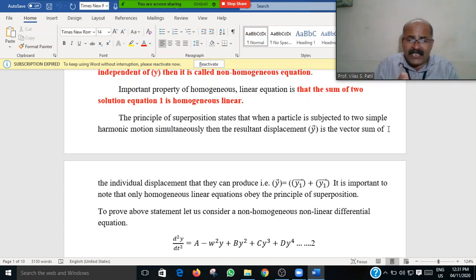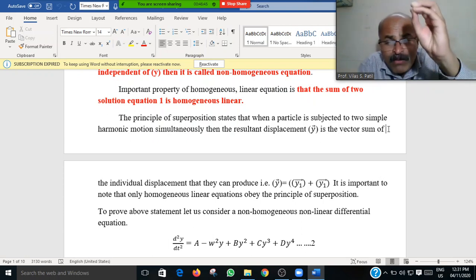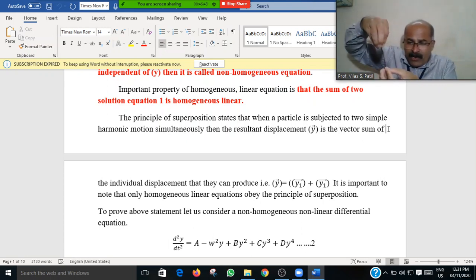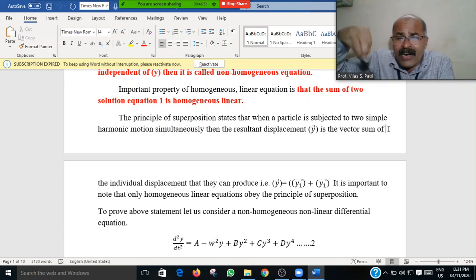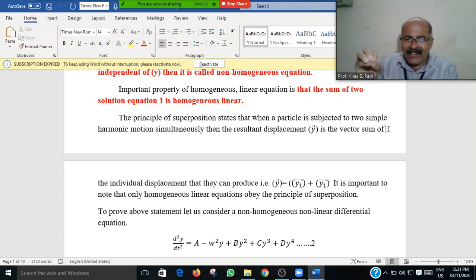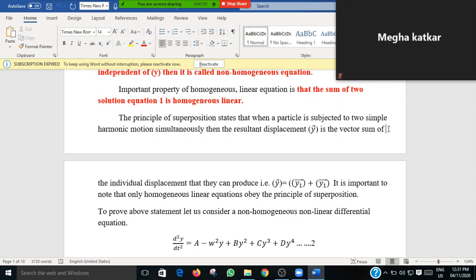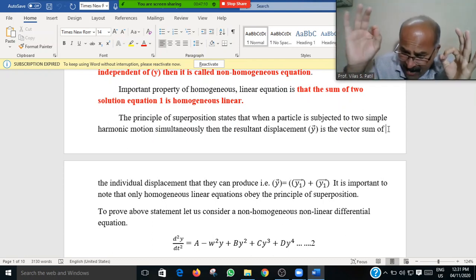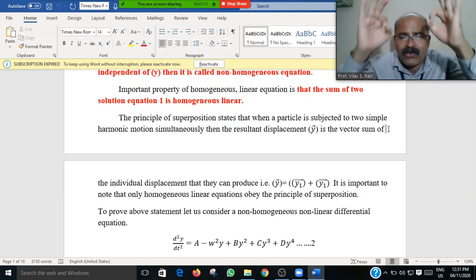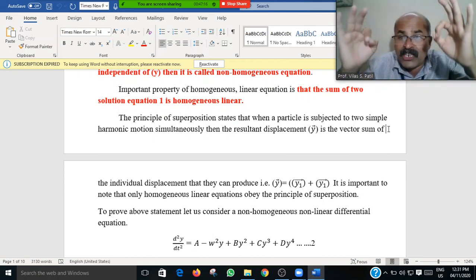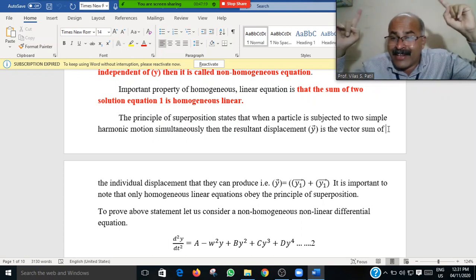The superposition theorem states that when a particle is subjected to two simple harmonic motions, that is, a simple pendulum is subjected to two different directional forces, one in x direction, other in y direction, then if the particle is subjected to the two simple harmonic motions simultaneously, एकाच वेळेला, the resultant displacement y vector is the vector sum of the individual displacements produced by each force separately.